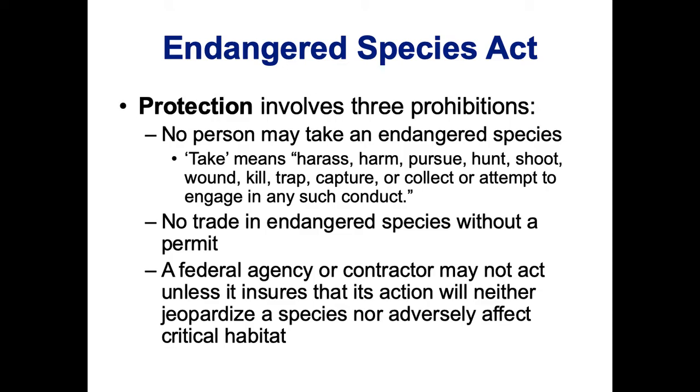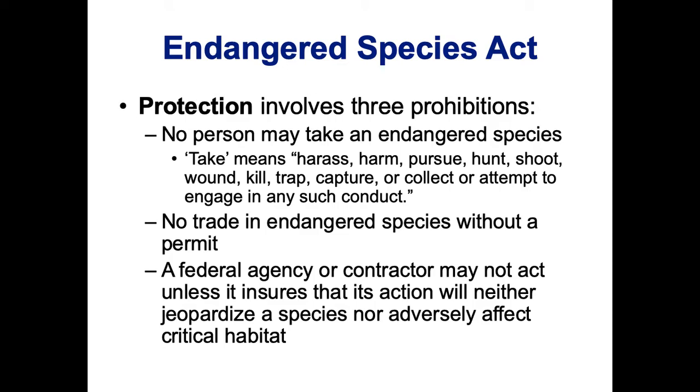In this case, it actually means to harass, harm, pursue, hunt, shoot, wound, kill, trap, capture, or collect, or attempt to engage in any such conduct. So, just because you don't kill an individual does not mean it's not considered take. Now, I think most people would probably call take killing it, but it could include just harassing an individual.